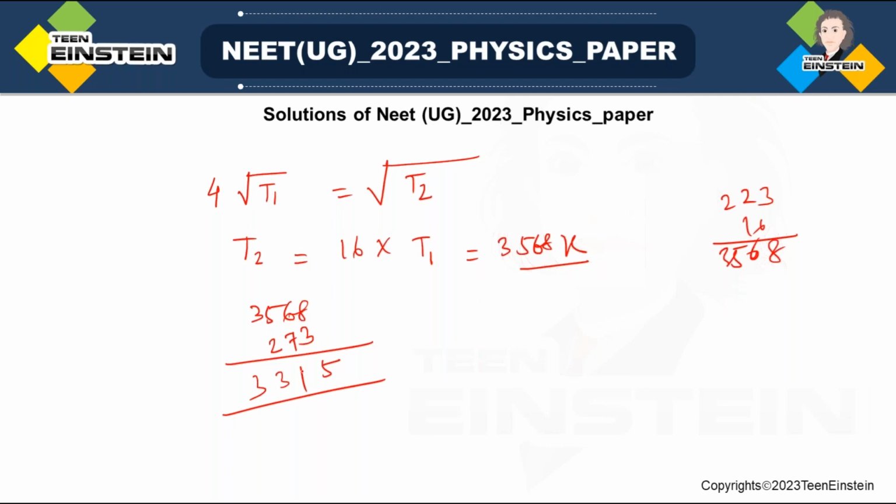Five. Oh, this is 9. 9 3, so it is 2. So this will be 295 Kelvin.